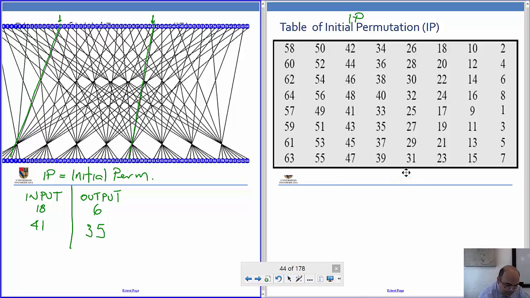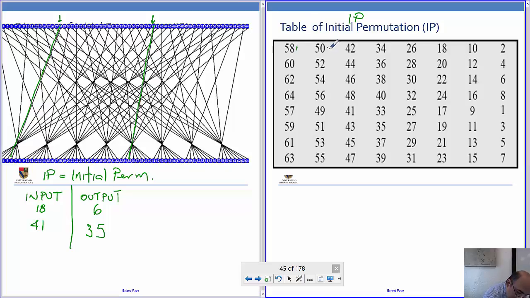I'm going to do it with G. Remember, this was bit 18, so this is bit 1, 2, 3, 4, 5, 6, 7, 8, 9, 10, 11, 12, 13, 14, 15, 16, 17, 18, let's put the other ones, 20, 21, 22, 23, 24.